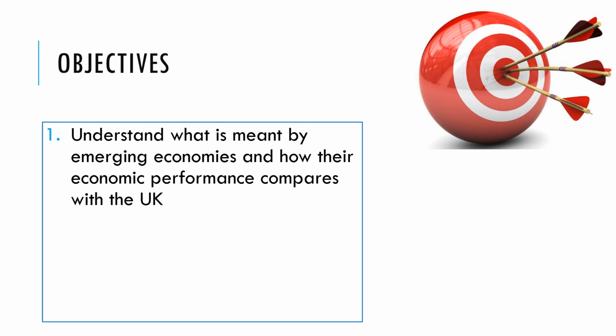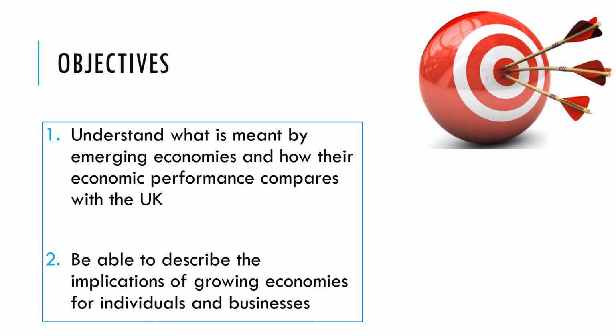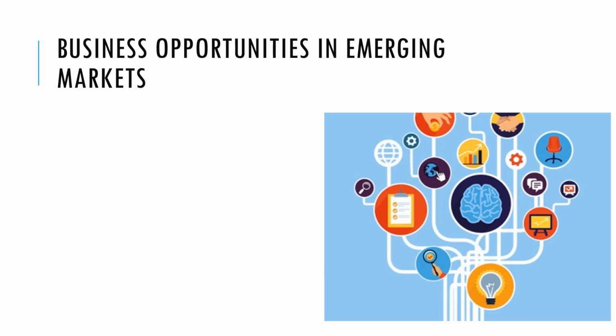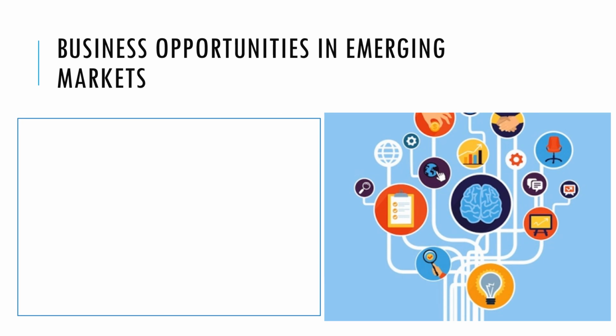Okay, so we've looked at emerging economies and how their economic performance compares with the UK. We're now going to look at the implications of these growing economies for individuals and particularly businesses. So these growing economies present many business opportunities.